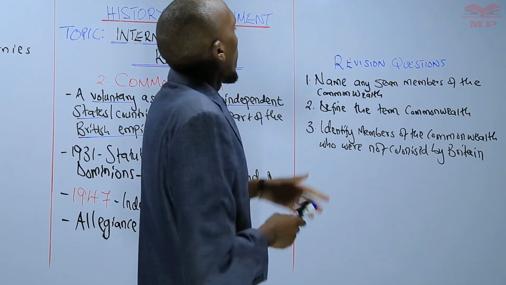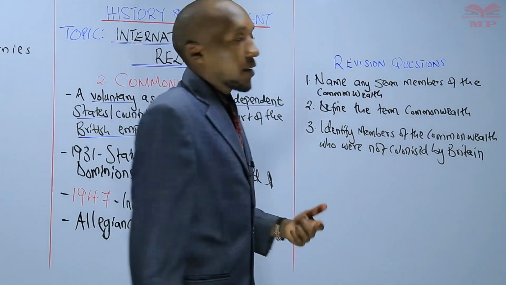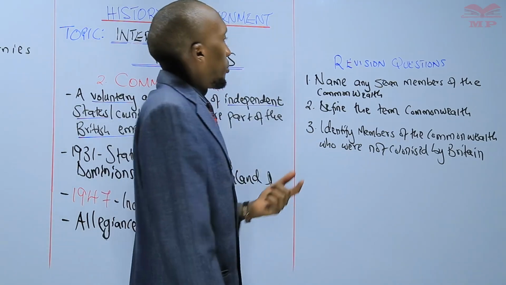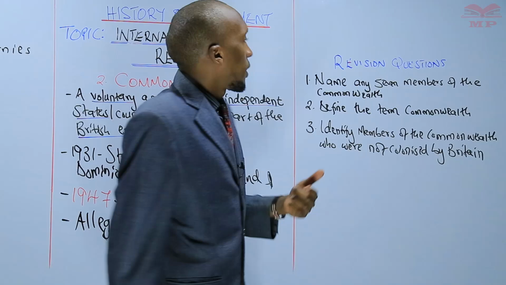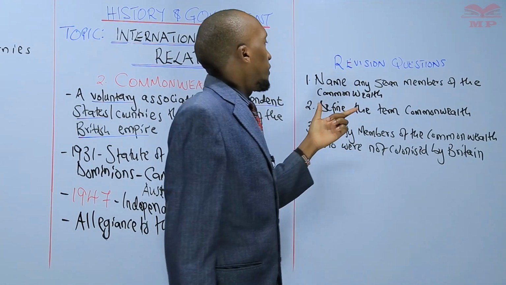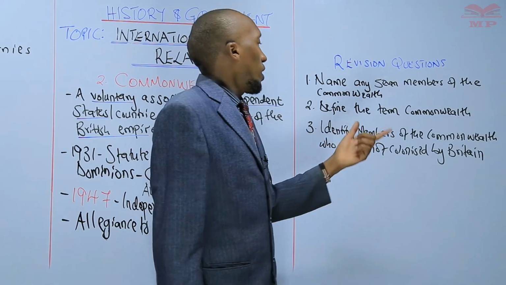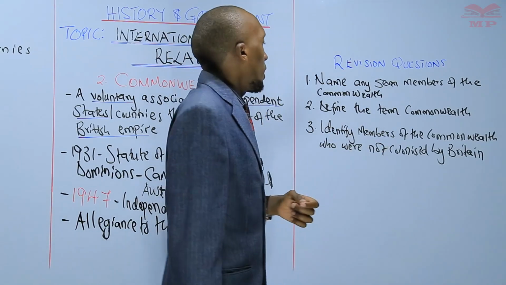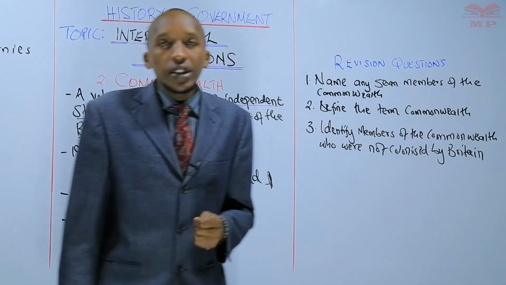So number 1, name any 7 members of the Commonwealth. I've mentioned around 53 members, so you can just list down 7 of them. Then define the term Commonwealth. What does Commonwealth mean? And lastly, identify members of the Commonwealth who are not colonized by Britain.